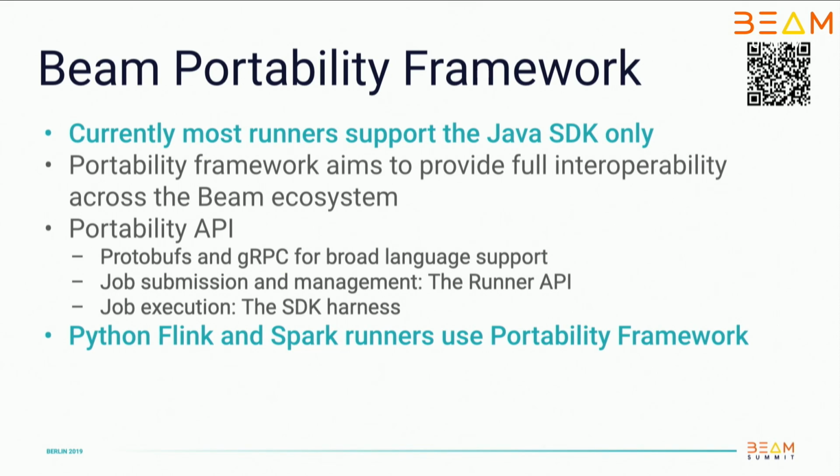So currently we're using Python with Flink and Spark, which use the portability framework. I think you guys are probably familiar with it, but there's a QR code there if you want to dig more into the portability API and framework.